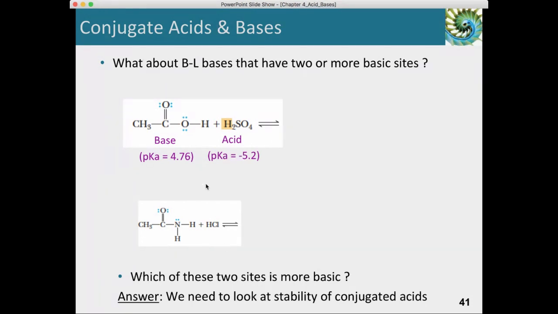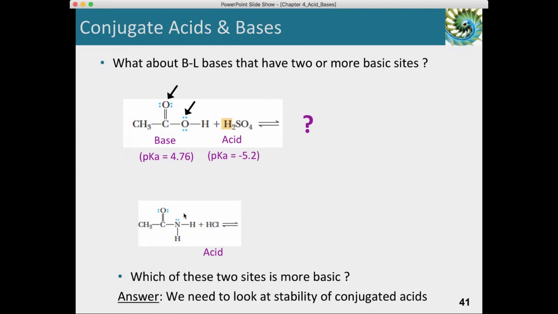The same thing happens over here. This is a carboxylic acid, acetic acid. Here we have an amide functional group reacting with hydrochloric acid. Here, obviously hydrochloric acid will be the Lewis acid. It will be accepting electrons at this hydrogen because this HCl bond is highly polarized.